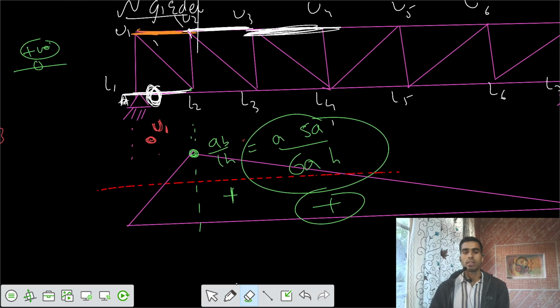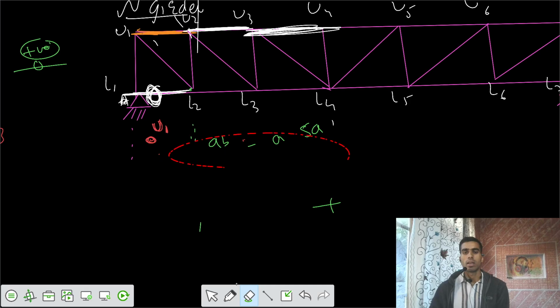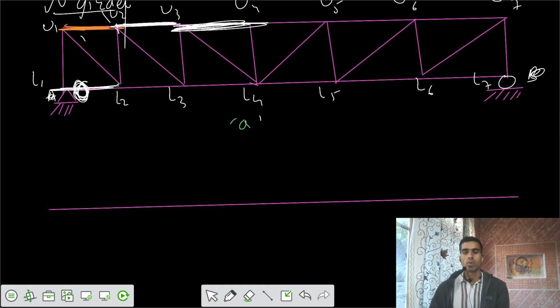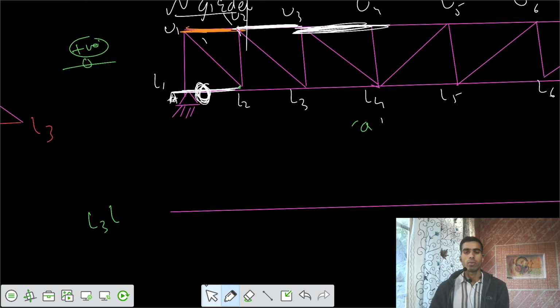Let's take the third case, that's L3, L4. You take the triangle. If this is L3, L4, what is the triangle we are having for the L3, L4? This triangle. So the peak develops at this location.